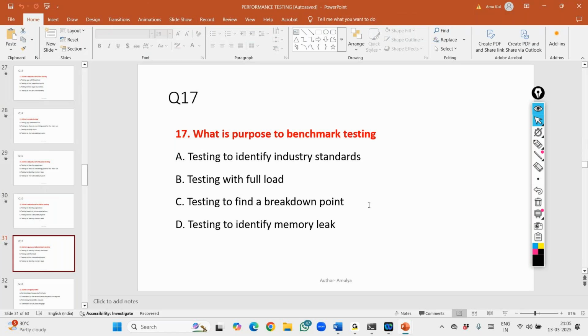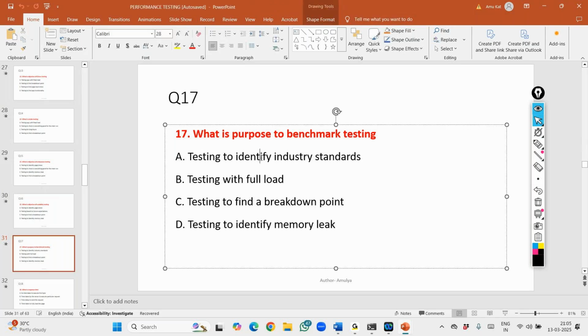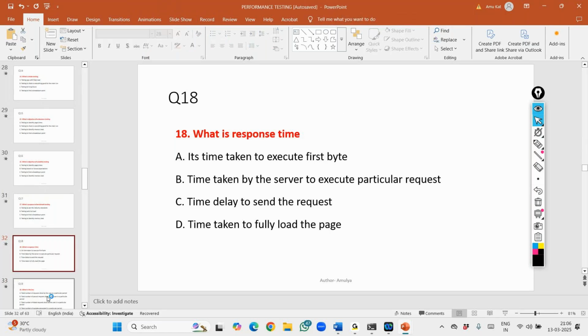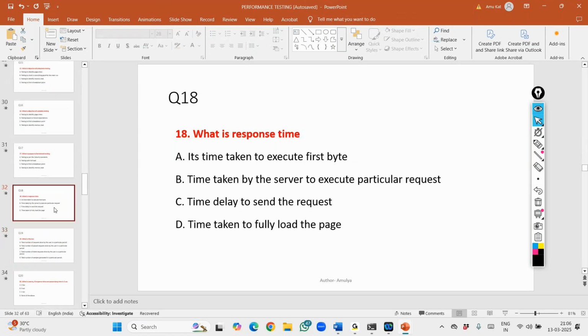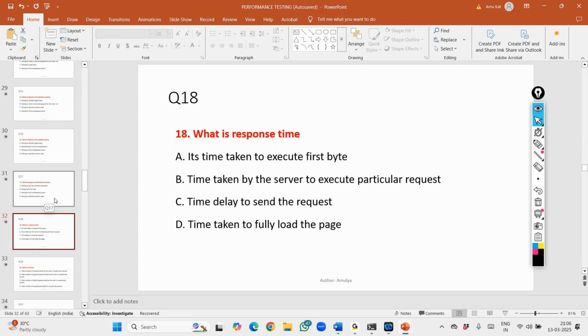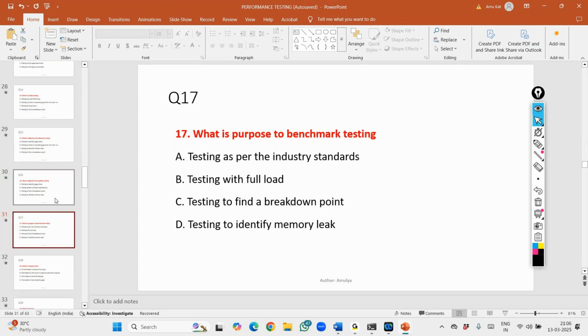As per the industry standard. Yes. So here we test as per industry standards. Okay, these questions are related to the next topic. I hope you guys are good with the different types of performance testing, right?